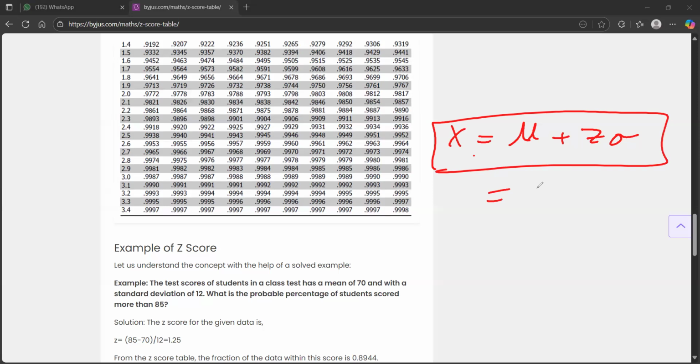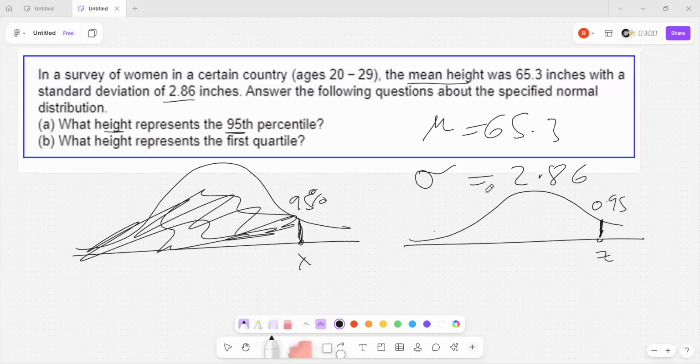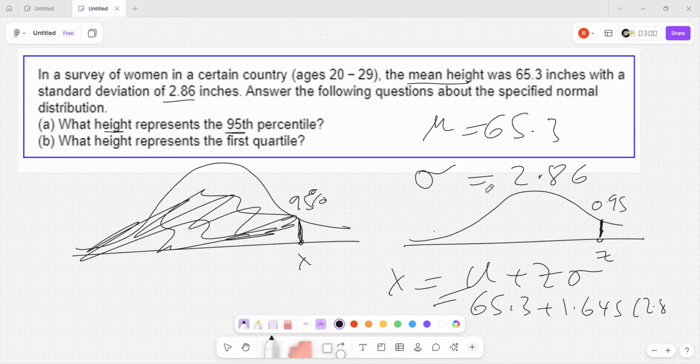Okay, so the mean was what? Let's go back to our Figma. So X will be mu plus Z times standard deviation. Our mu is 65.3 plus Z, which was 1.645, times standard deviation, which was 2.86.